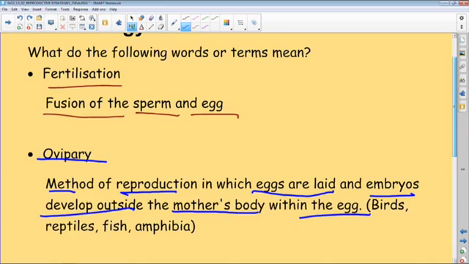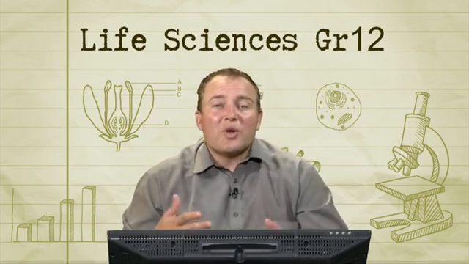So in other words, your birds, your reptiles, your fish, and your amphibians. When you go hunting for eggs, or have eggs and bacon, scrambled eggs, poached eggs, all those different types of eggs, that's the reproductive strategy. That's oviparity, oviparous.